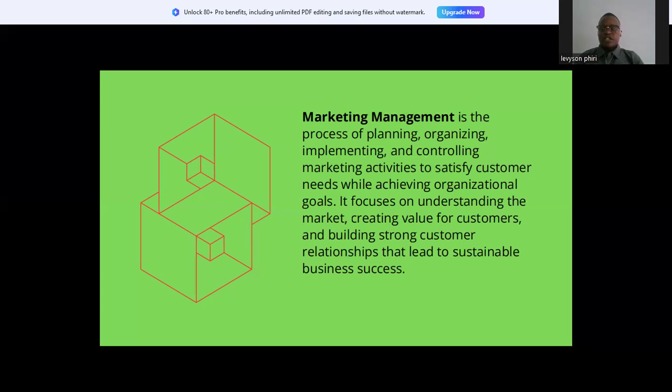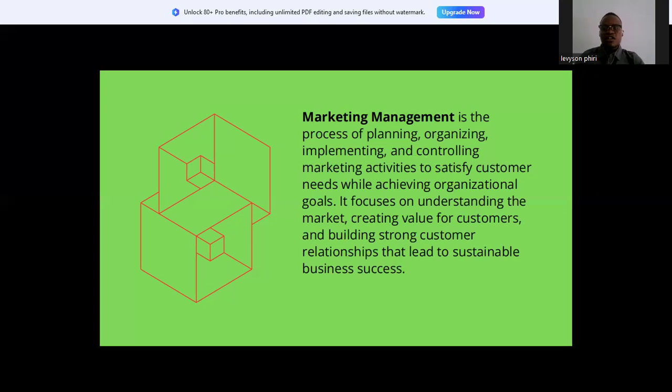So when you say marketing management, it simply means a marketer plus a manager, held in one position. So meaning you are dealing with two things at the same time, your marketing as well as the management process. You are just combining these two.